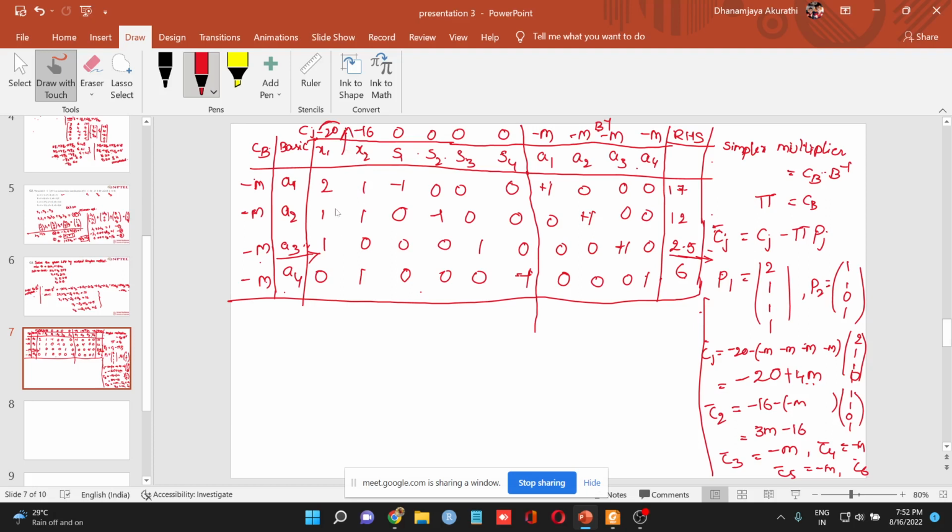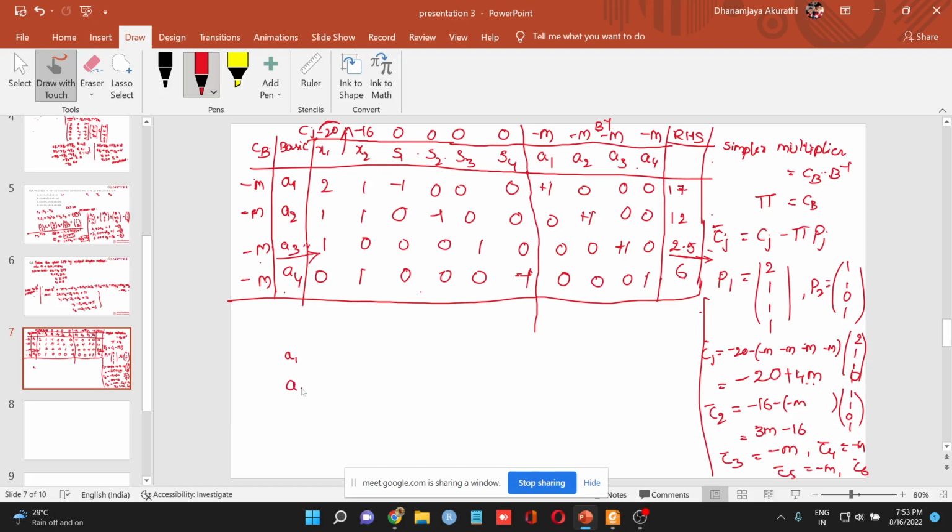There is another way to find the pivotal column. That is, we need to draw an extra table. I am showing it here.